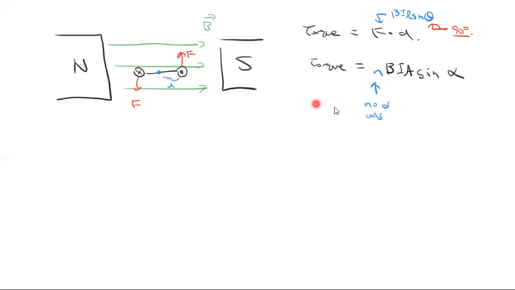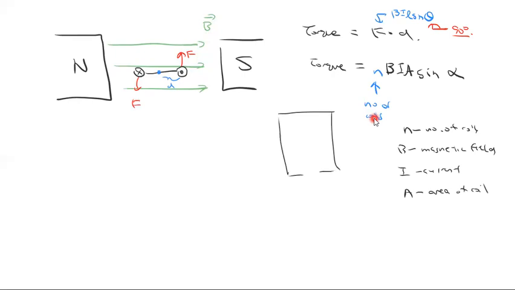But if I double it, triple it, obviously the effect will double or triple as well. So N is the number of coils, B is the magnetic field, I is the current, A is the area of the coil. So remember, this coil is actually like that, so we need to work out the area.